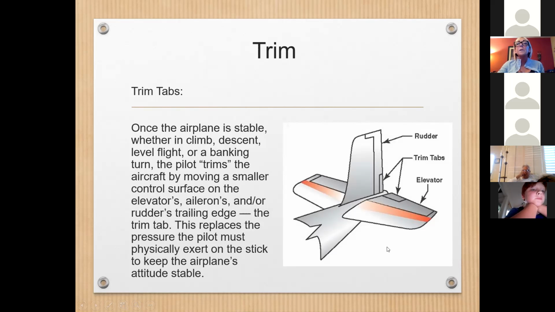So if the trim is off, and if it's nose up, we'd have more drag on the tail, which makes the tail go down, and then we're going to be in a nose up real high. We could even be like that on takeoff. So we want to make sure before you take off that you do a really good pre-check of the trim tabs, to make sure on the RC airplanes that those are the way you want them before you take off.